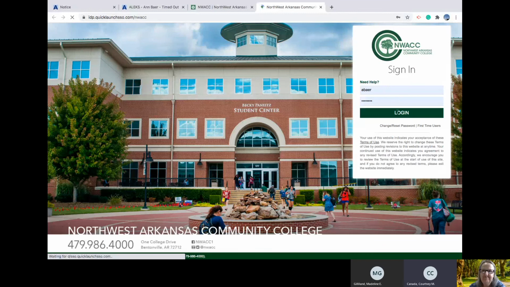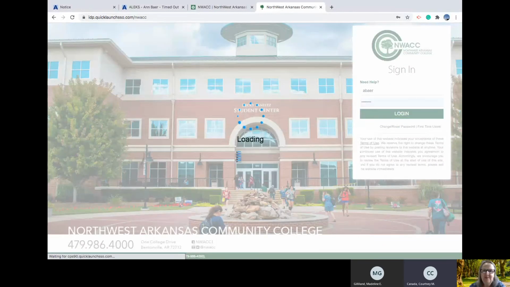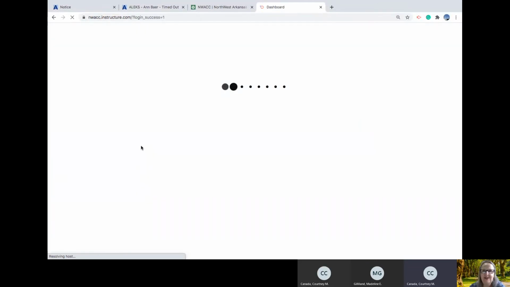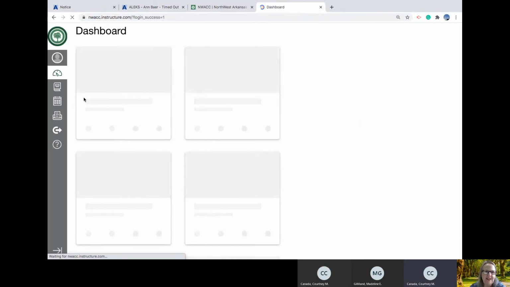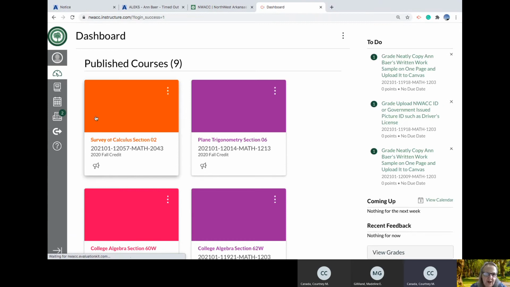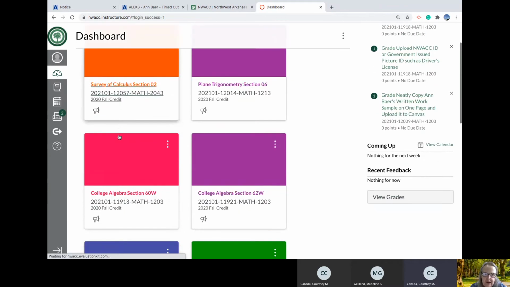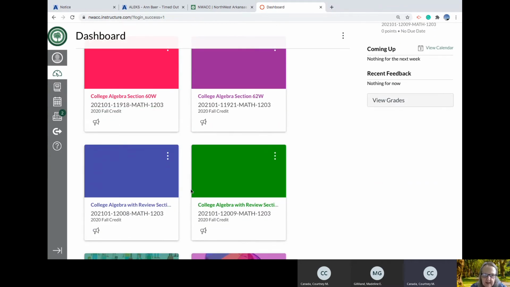I'm still having issues too. Yes, it's a lot. One of our department co-chairs sent out a list of everything we have to do differently, and it was quite a long list. So let me go in. Gotta make sure I get into the correct course.